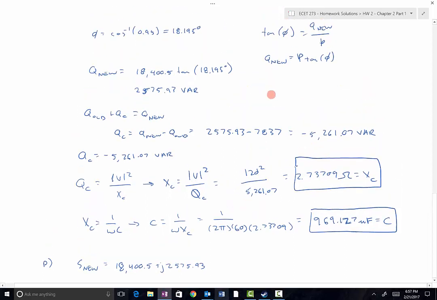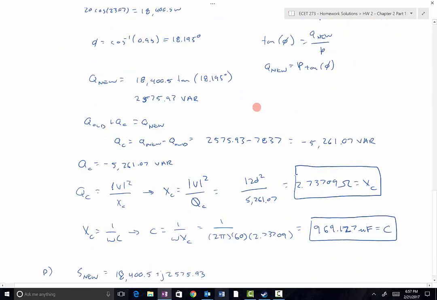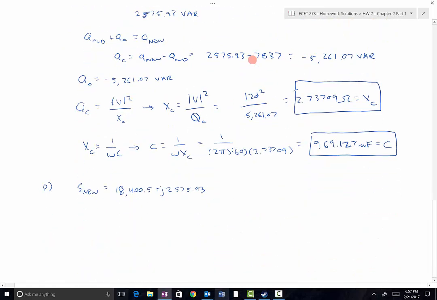Remember, that's our calculation for the new Q when we did the power factor correction right here. So we do that, and we get an apparent power of 18,579.9 at an angle of 7.970 volt amps. So that is our new power absorbed by the load.